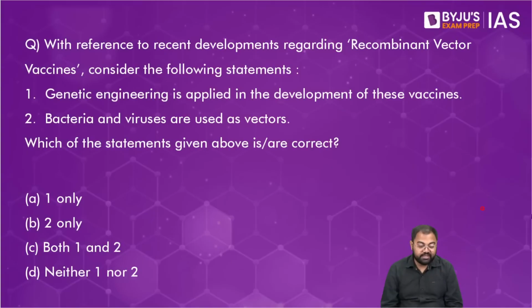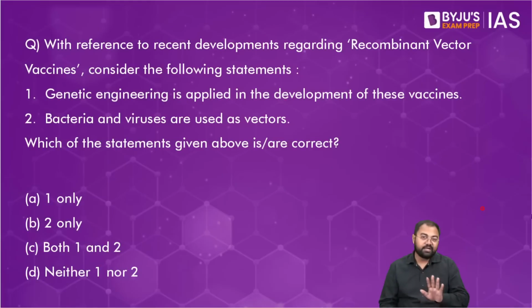With reference to recent developments regarding recombinant vector vaccines, consider the following statements. First, genetic engineering is applied in the development of these vaccines. And second, bacteria and viruses are used as vectors.